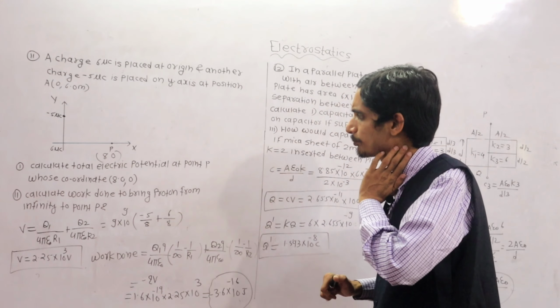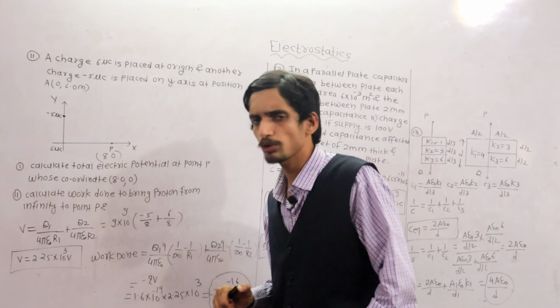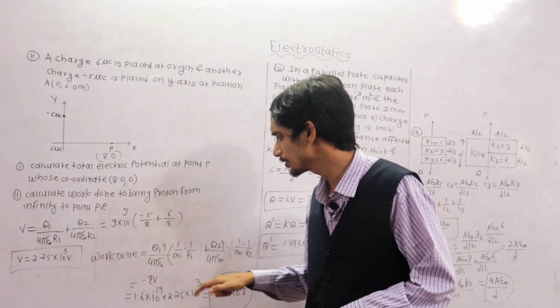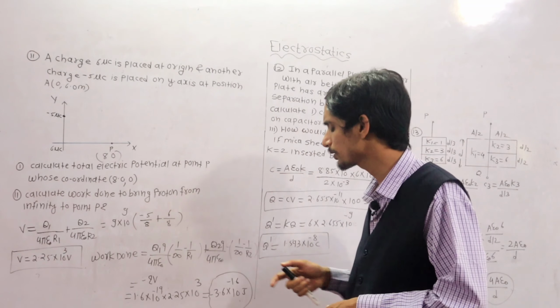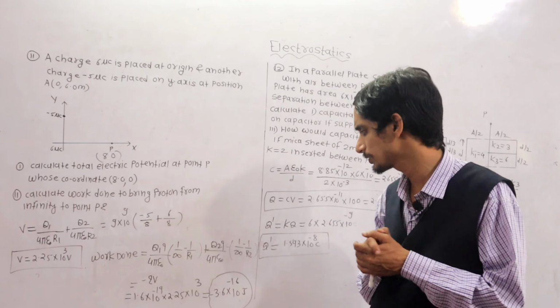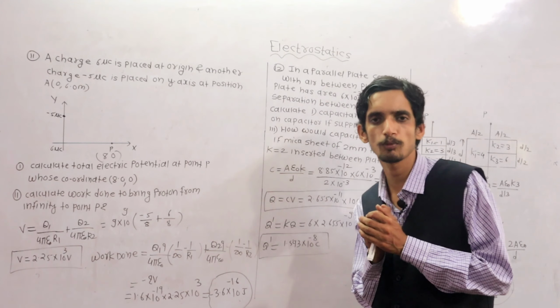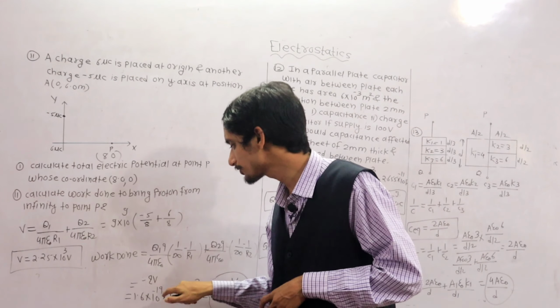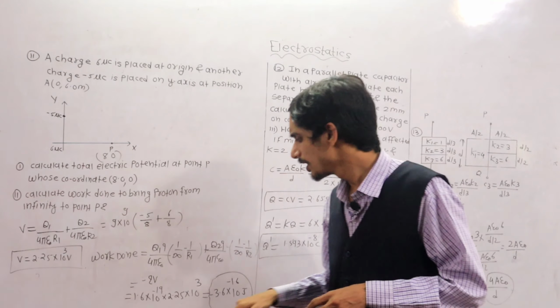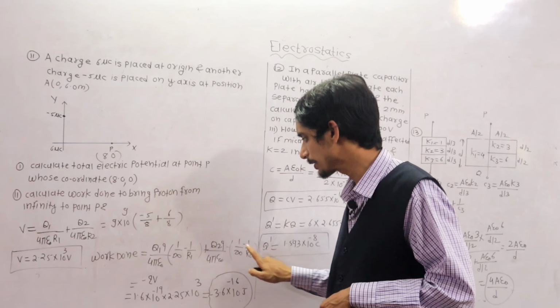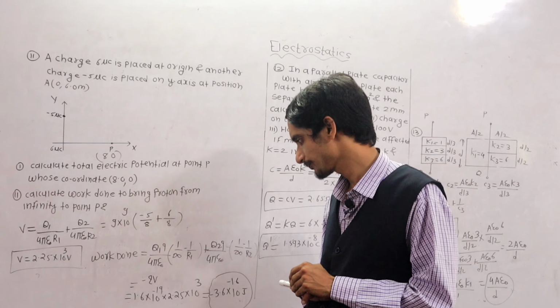Then work done to bring the proton from infinity to point P is actually Q1 Q by 4 pi epsilon naught into bracket 1 upon infinity minus 1 upon R1 plus Q2 Q by 4 pi epsilon naught into bracket 1 upon infinity minus 1 upon R2, which is equal to minus Q times V, because 1 upon infinity is 0.